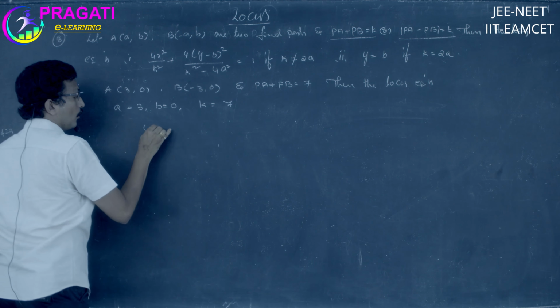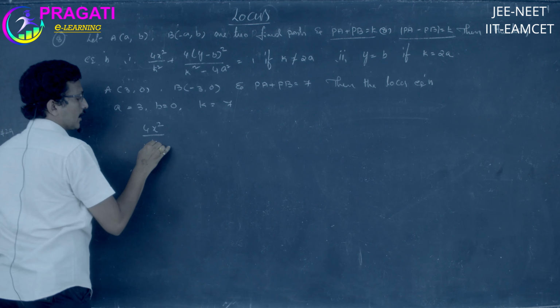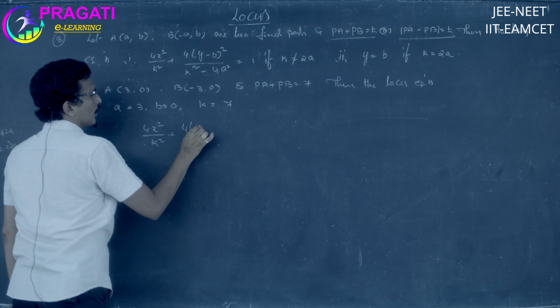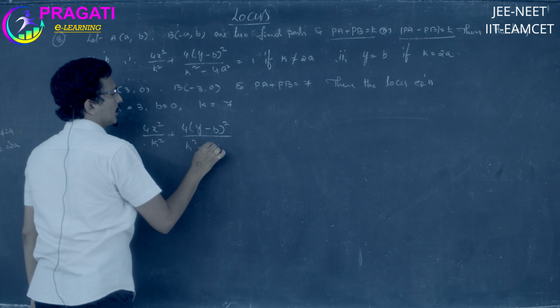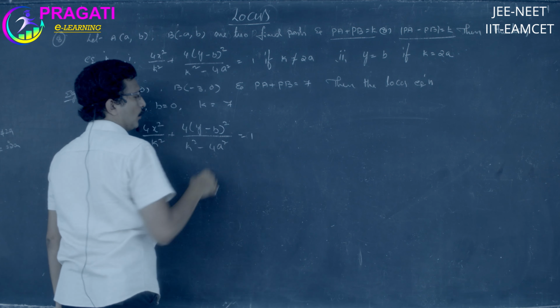The formula is 4x square by K square plus 4 into (y minus b) whole square by k square minus 4a square is equal to 1.